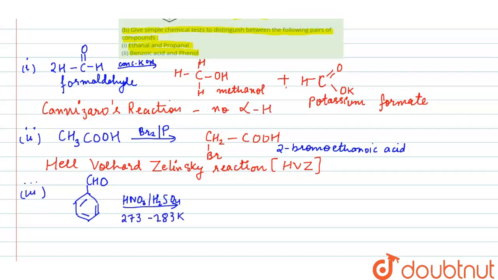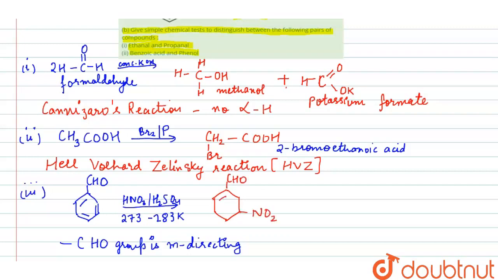This is a nitration reaction, and as we know, the aldehyde group, the CHO group, is meta-directing. So the NO2 group will be attached at the meta position, and the product formed is meta-nitrobenzaldehyde.